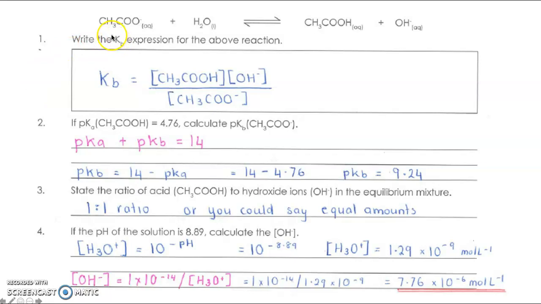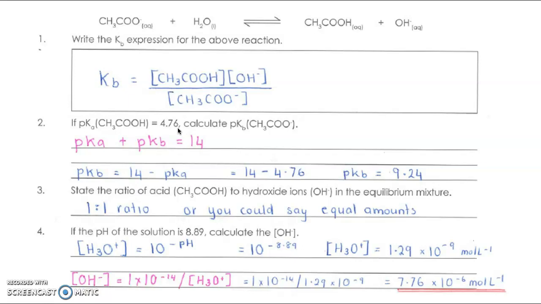So they've given us the anion, the ethanoate ion, and we already have seen this reaction. And when you see it's producing hydroxide ions, that is your clue you are dealing with a Kb expression, and so it is always the products over the reactants. In this question, they've given us a pKa of 4.76, and we need a Kb value.